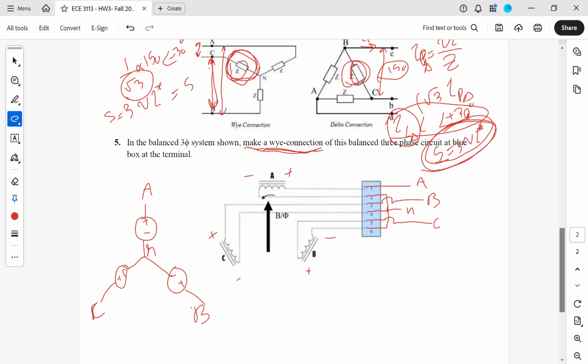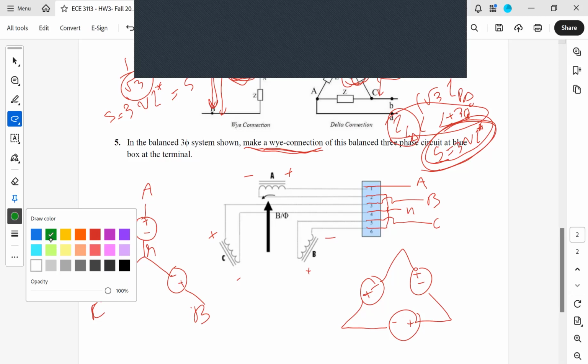Same goes for the delta connection. If you want to have the delta connection, you have to remember how these voltages are connected. Each positive is connected to the neighboring negative.